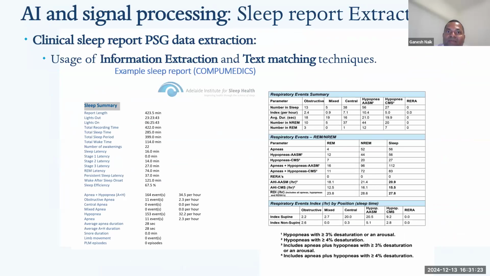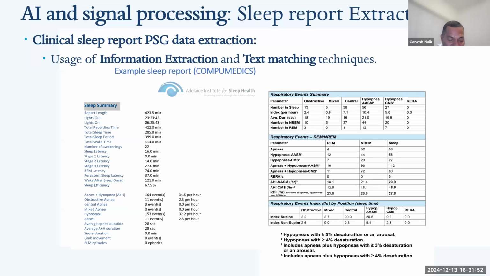Typically when they do the sleep study, they collect age, gender, BMI and all those things. They calculate around 400 plus parameters. What they do in the normal sleep clinics is generate a sleep report.